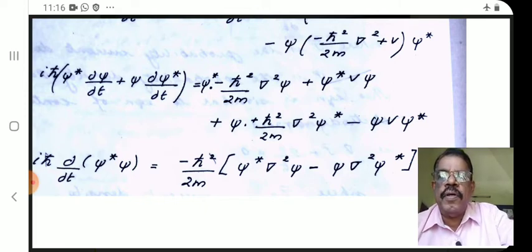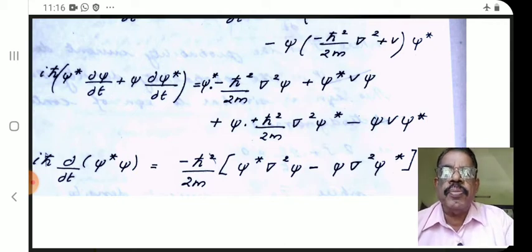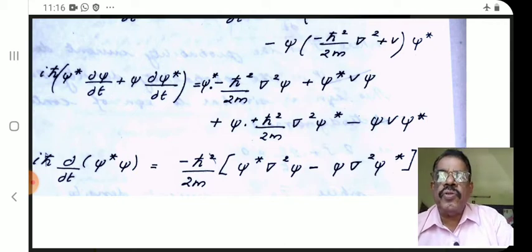Both are the same, so these two will cancel. Even though the order is different, since V is coming in the middle, they can be cancelled. It will not change the state of psi. So the two V terms, plus and minus in the RHS, cancel.